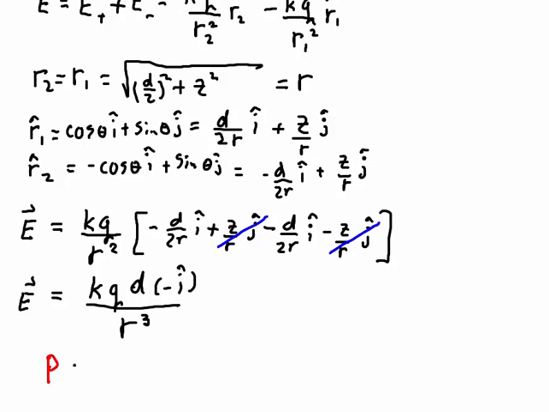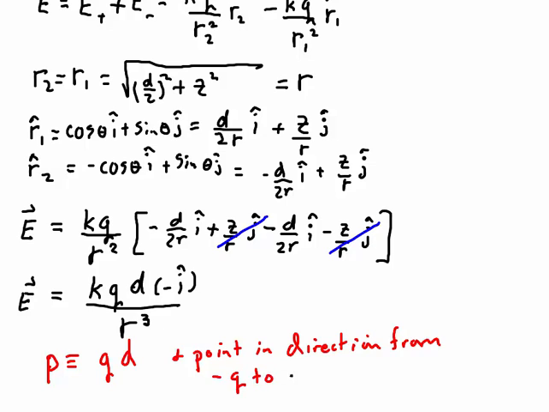So p is defined in terms of the magnitude as Qd and points in direction from minus Q to Q. And there's the magnitude and there's the direction.